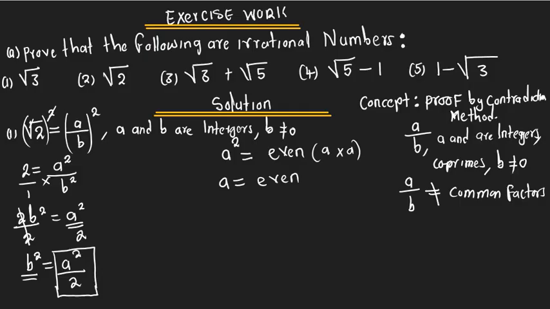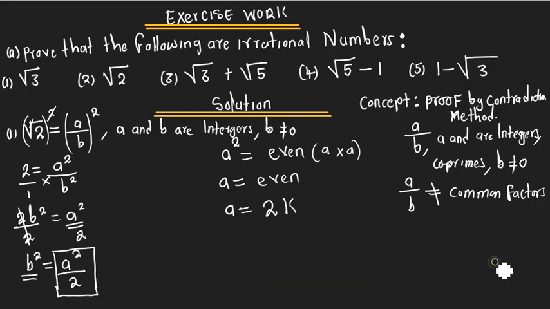Now, if a is even, this tells you that a as a single factor is equal to 2 multiplied by some quantity k.